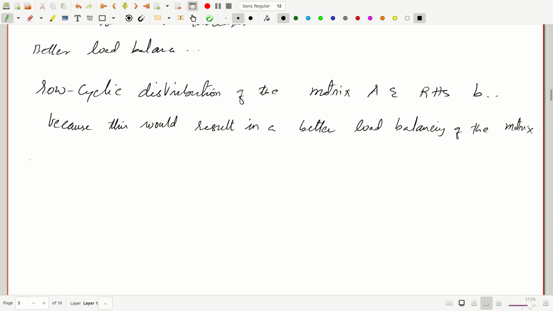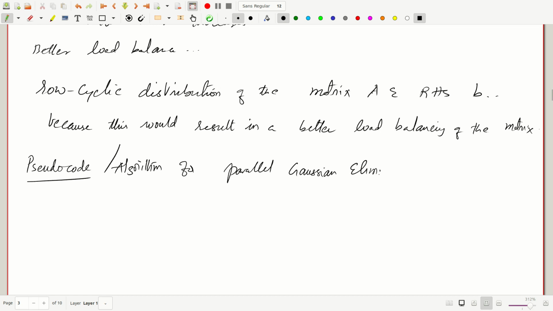So let us look at a pseudocode or algorithm for parallel Gaussian elimination using row cyclic distribution.